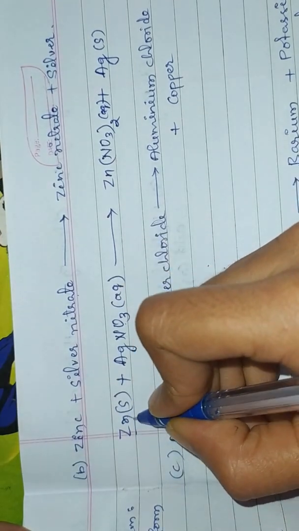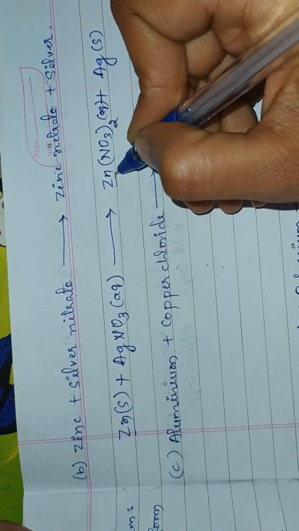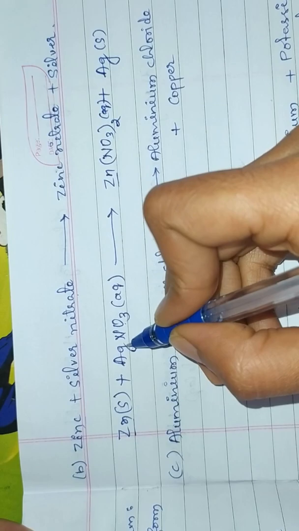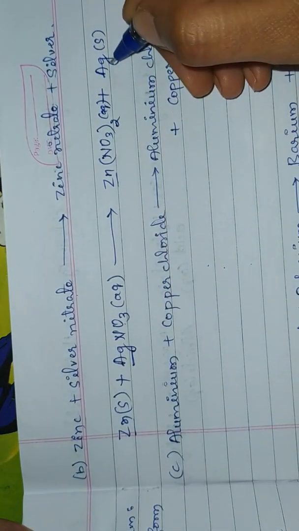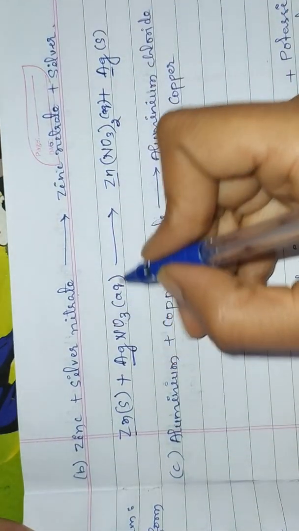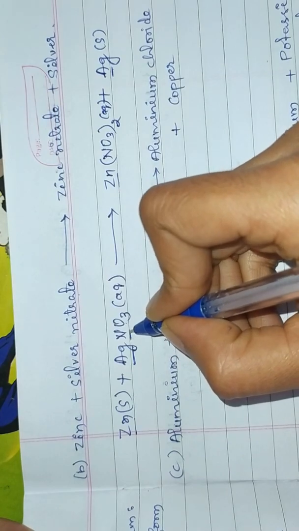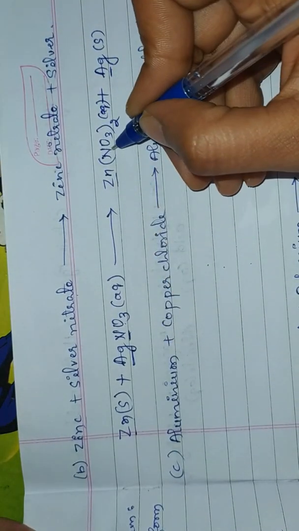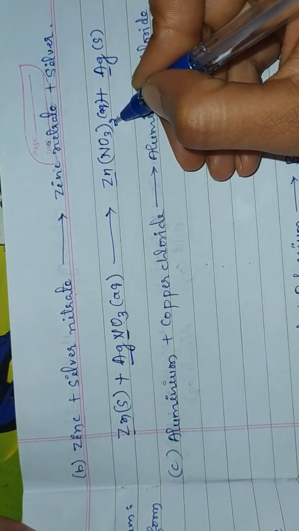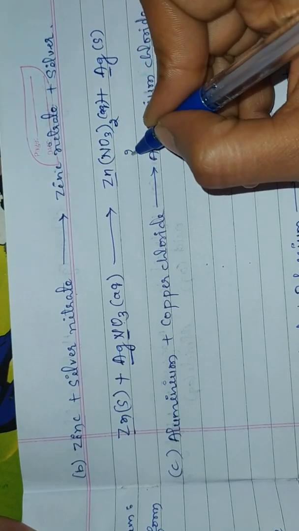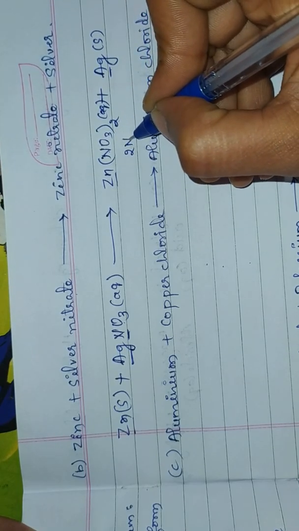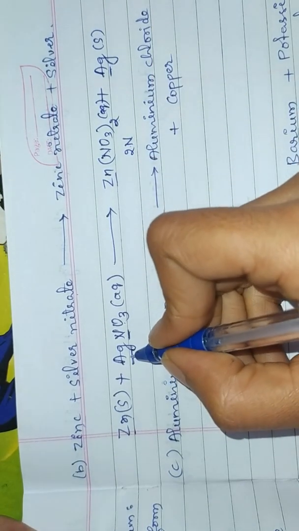See here 1 zinc, here also 1 zinc. Next we will see silver. Here 1 silver is there, here 1 silver is there. Okay, now count the number of nitrogen atoms. Here 1 nitrogen. See here whole 2. Therefore 2 nitrogen atoms are there. Okay, here 2, here 1.